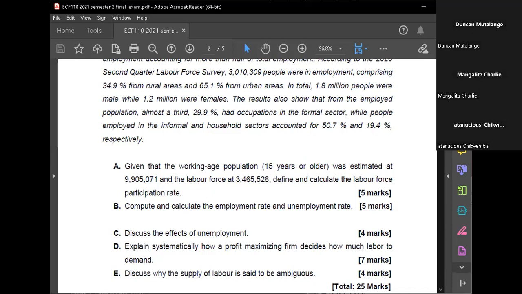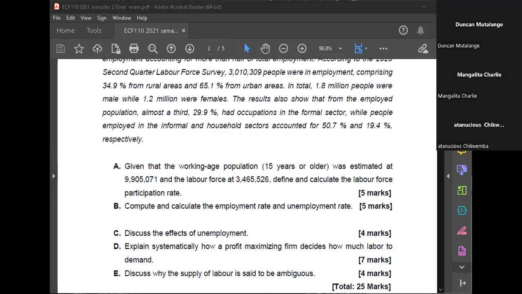All right. So all we need is to find the labor force participation rate. And by definition, the labor force participation rate is simply equal to the labor force divided by, okay, let me just write it down here. Labor force participation rate is just equal to the labor force.